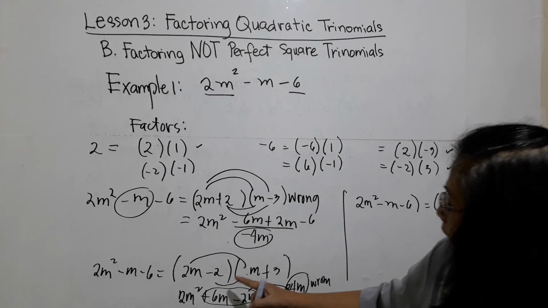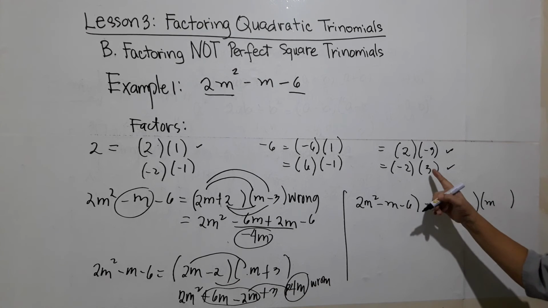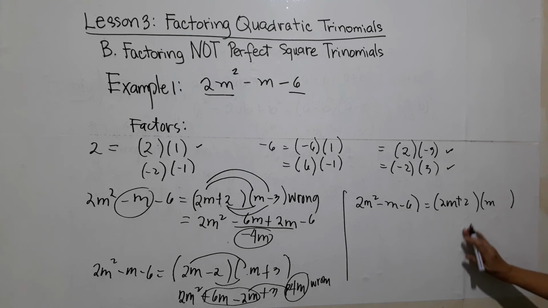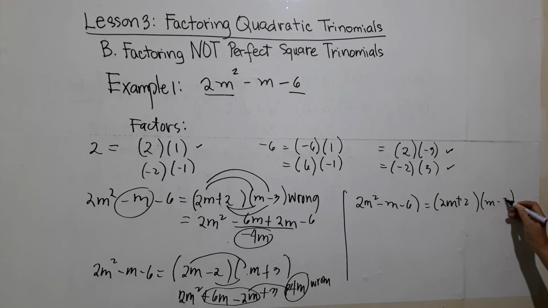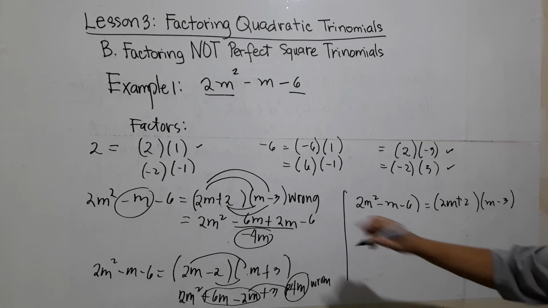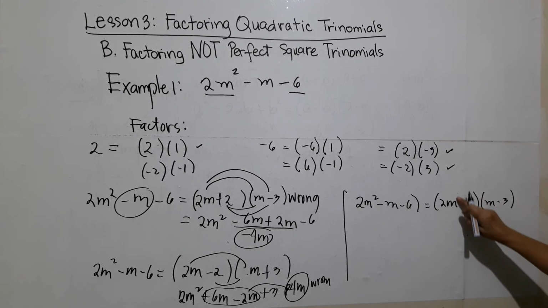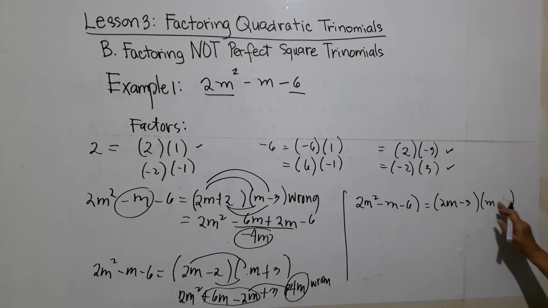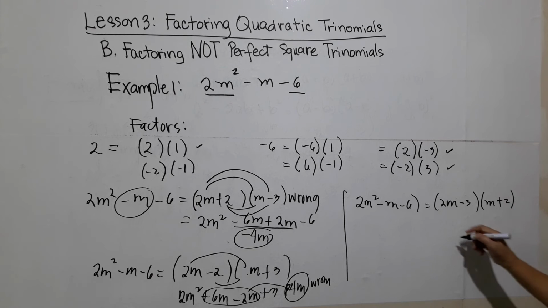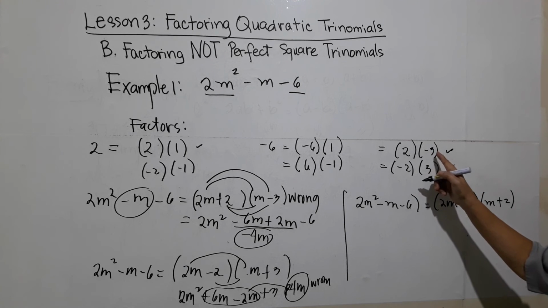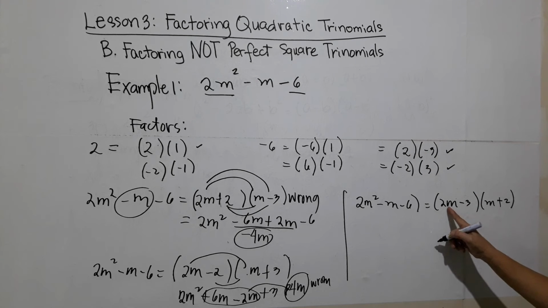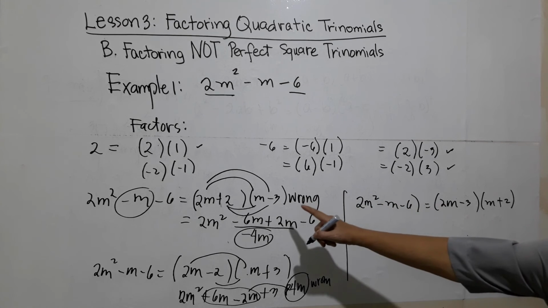But the factors could be plus 2 and then here, minus 3. A while ago, I made use of that. Maybe I will have minus 3 here. Then I will have plus 2 here. But still, I'm using negative 3 and positive 2. So the only change is the placement compared to the first solution.